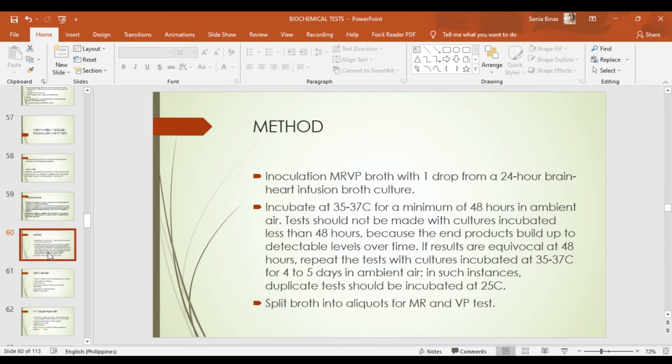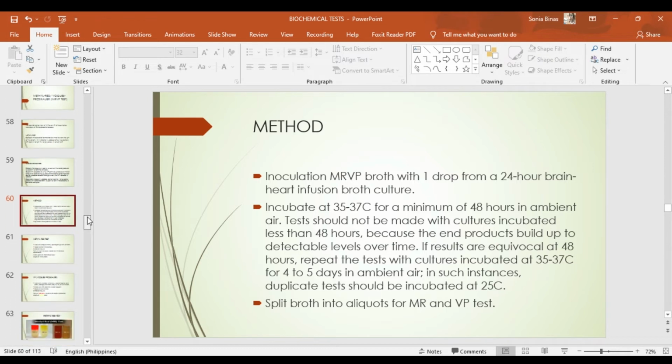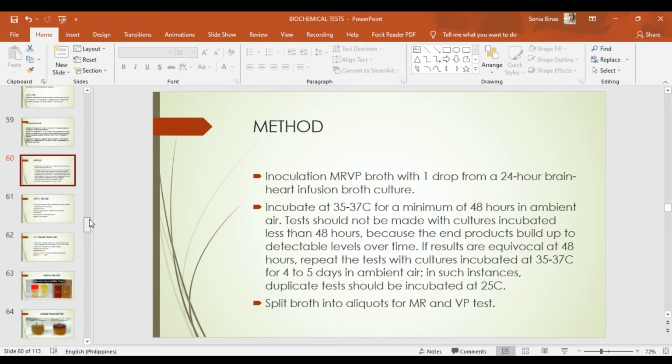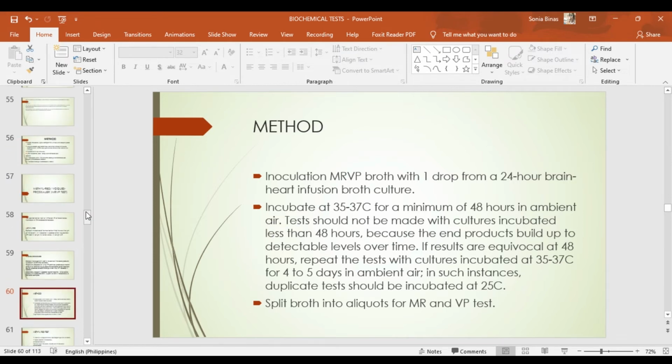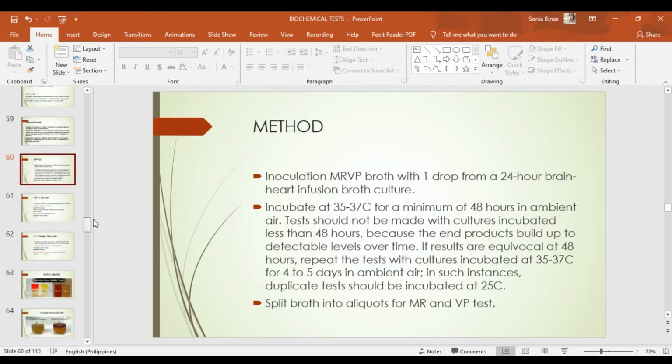So the method for this is the inoculation of MRVP broth with a drop of 24-hour BHI. Plinant natin sa ating BHI, after incubation, magdadrop tayo sa ating MRVP broth.